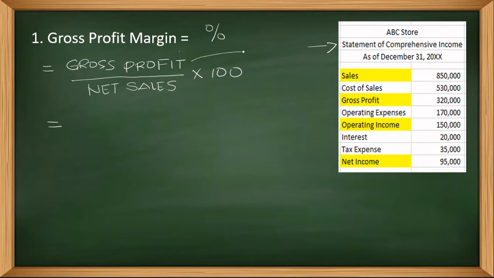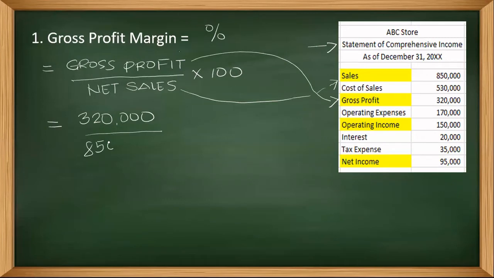So for the gross profit, let's get the value. Gross profit is equal to 320,000. Well, the net sales is equal to 850,000. Gross profit divided by net sales, times 100.